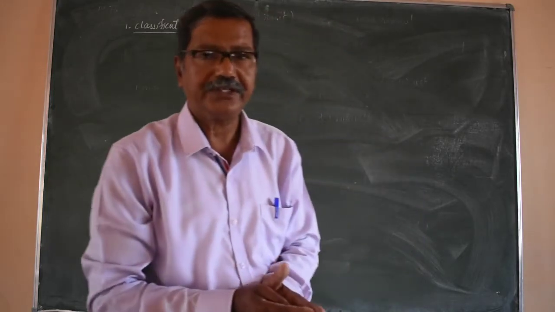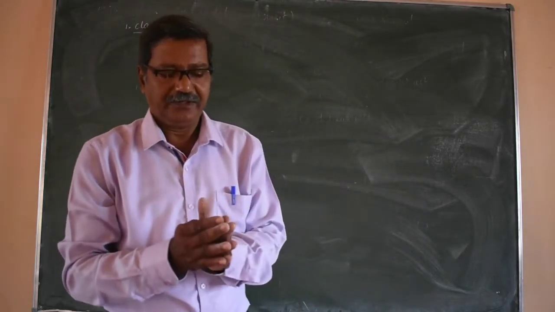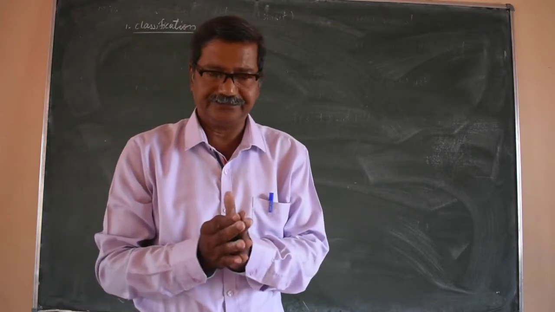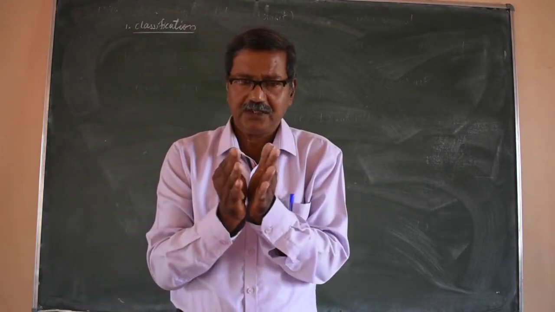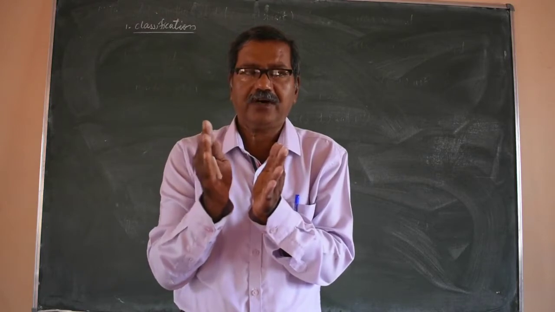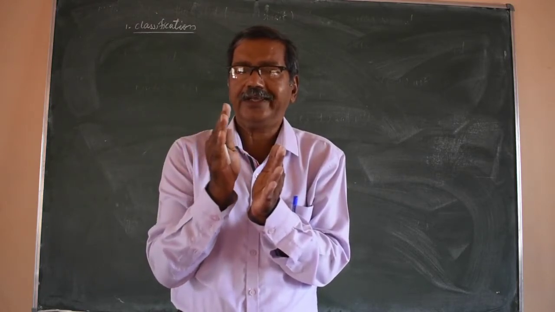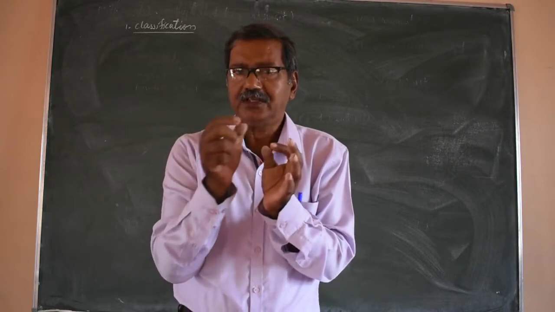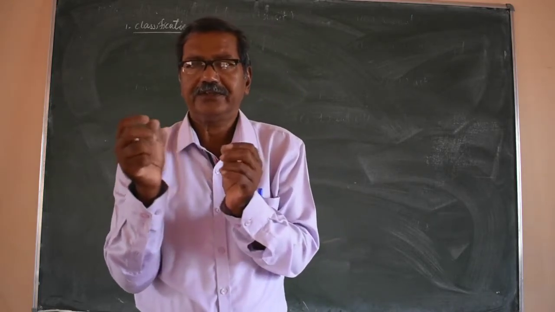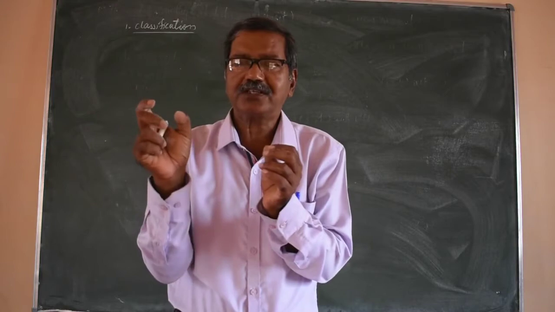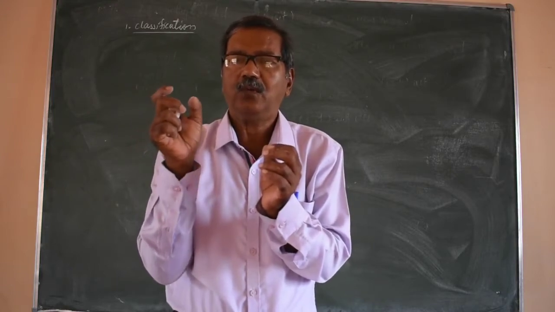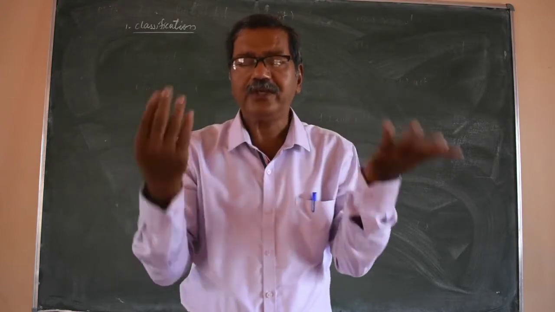In nomenclature, in the IUPAC system, the numbering of carbon is important. See how many carbons are there in the long chain. Select the long chain, and that long chain must include the functional group, the OH group. So that is how you have to remember.